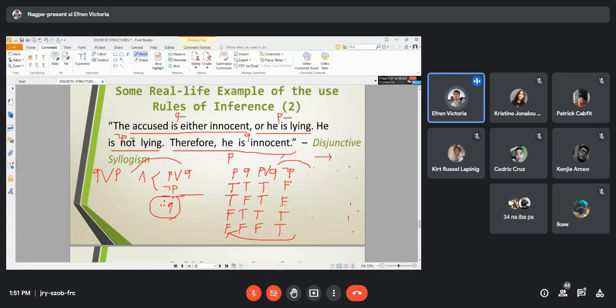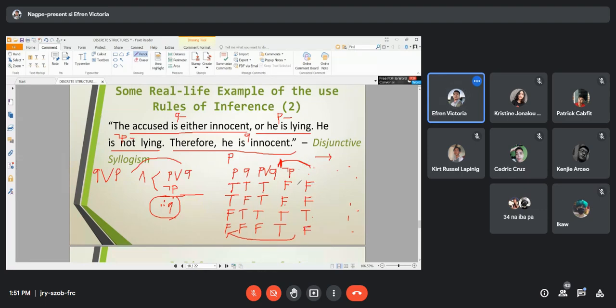So, i-AND natin tong dalawa. Pe-perform natin ang AND gate. So, true, false, false. True, false, false. True, true, true. False, true, false.